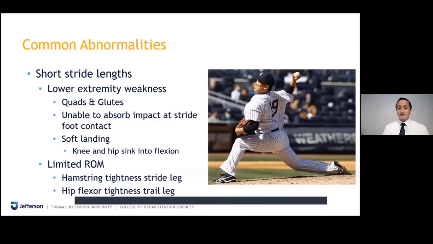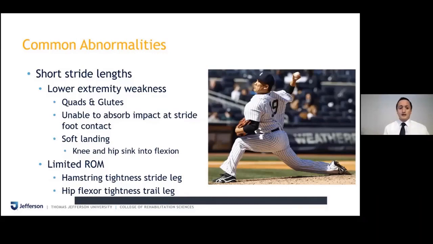So if they stride fairly far, you'll see a soft landing. Like in this picture, he's really sunken into that knee and hip. He should be up here more, at about 30 degrees of knee flexion at most. He contacted and sunk in, and that's a big sign that there's probably some kind of weakness going on there.